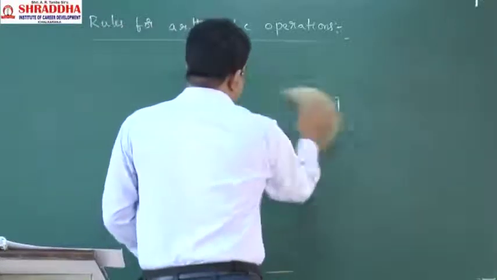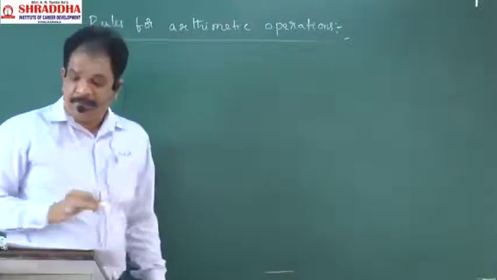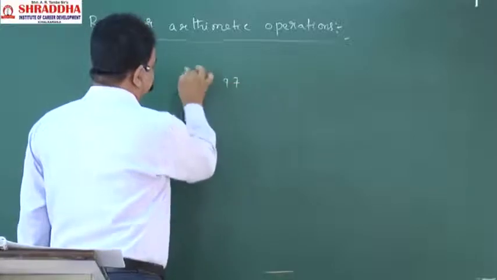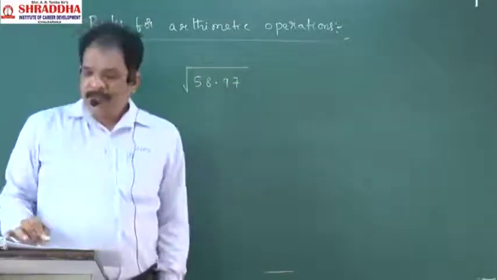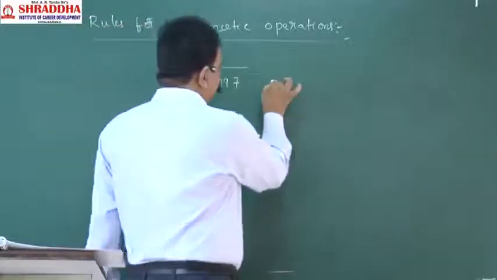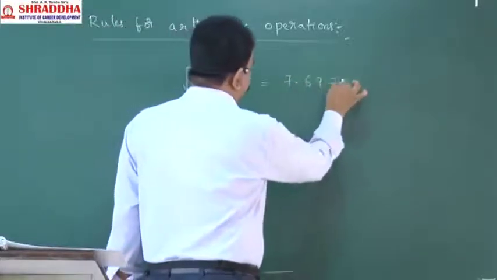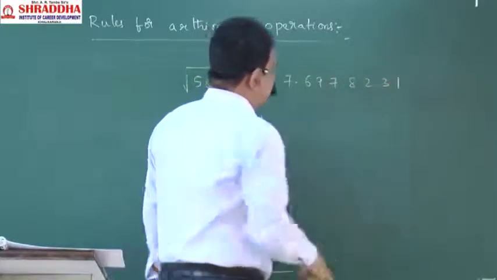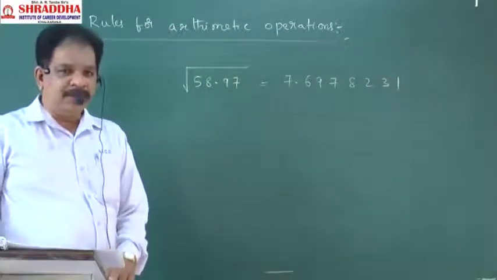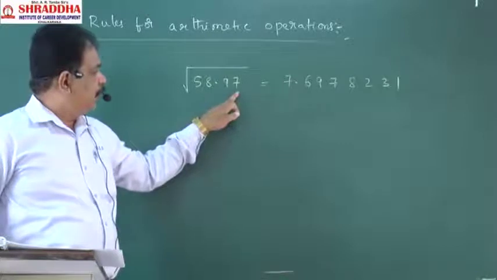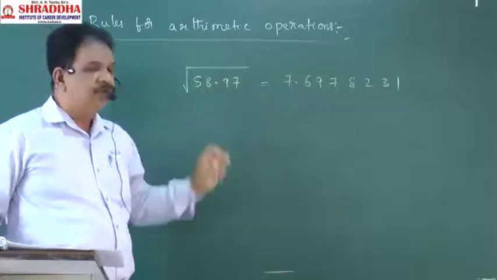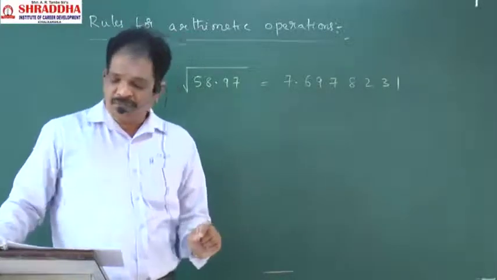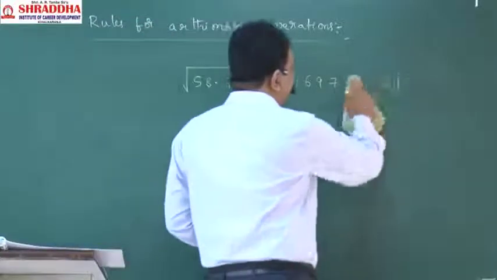For example, if there is a square root, one number is there: root 58.97. If you calculate using a calculator, you get something like 6.79697823. Remember, 58.97 has 4 significant figures, so the final answer will also have 4 significant figures.